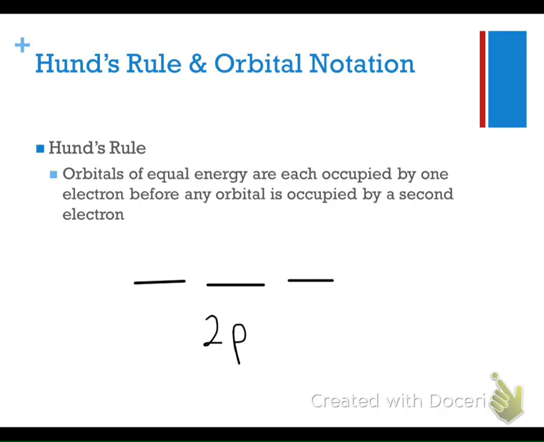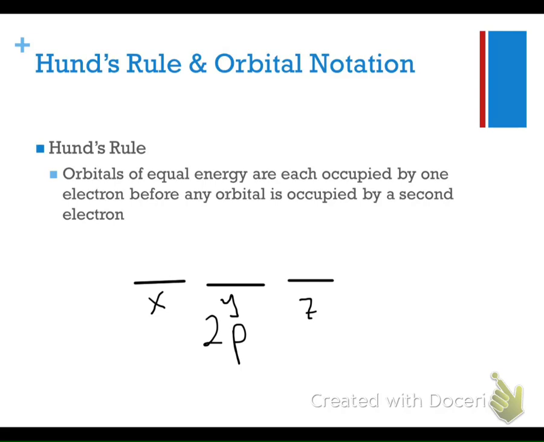We know the 2p orbitals can hold how many electrons? 6. So we have to have 3 different orbitals. Remember we talked briefly about them being on the x, the y, and the z axes.